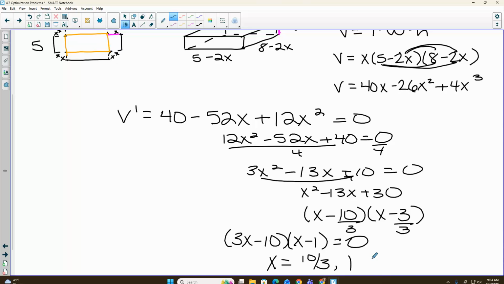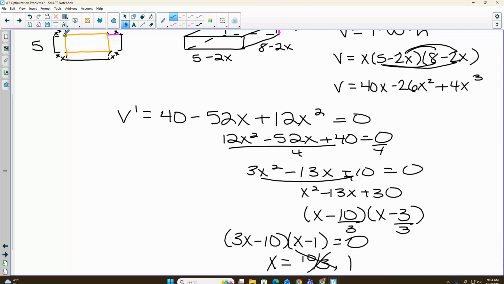I mean, there's not anything blatantly wrong, like if I got a negative, that would be bad. If your metal is 5 feet wide, 10/3, that's like 3.3. If it's 5 feet long, can I cut 3.3 off both ends? No. So 10/3 is too much.